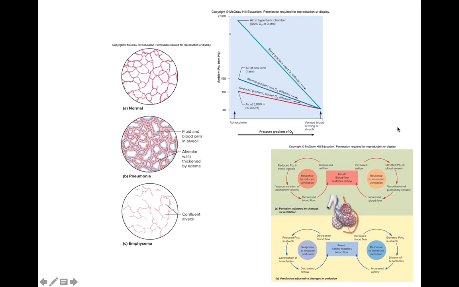So when you're talking about ventilation-perfusion coupling, it's all about making sure that the amount of air matches the amount of blood. If you're bringing air in, but you don't have enough blood to pick up the oxygen, that's not efficient. If you have too much blood and not enough air, then the blood's going to leave not having picked up its oxygen. So ventilation and perfusion need to match, and either one, the blood flow or the airflow, can adjust to the other.